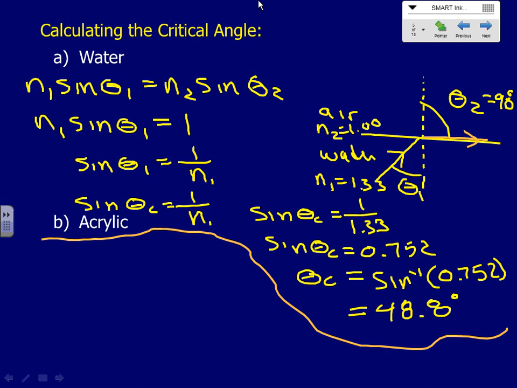Since we made the equation, let's start from here. Sine theta c is going to be 1 over, what's the n1 for our acrylic? Yep, 1.50. So sine theta c, what's the decimal of that?